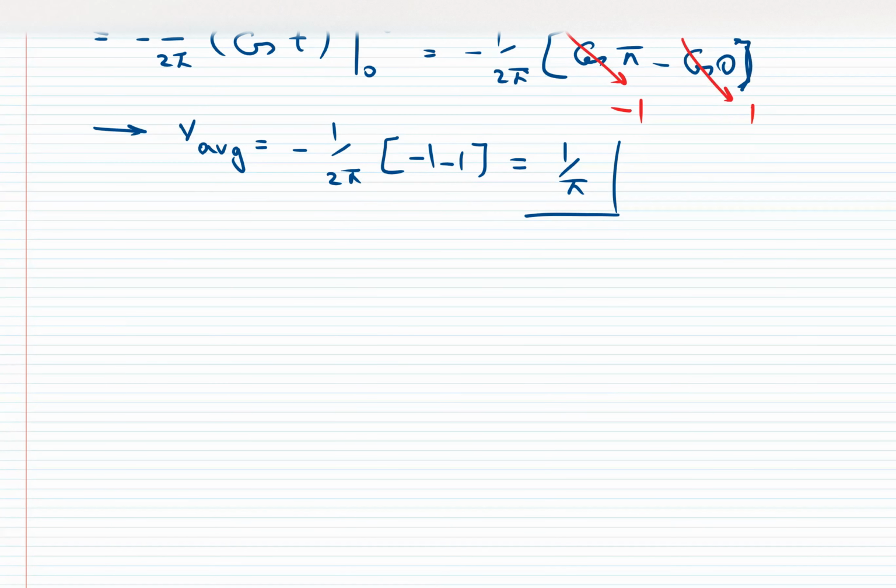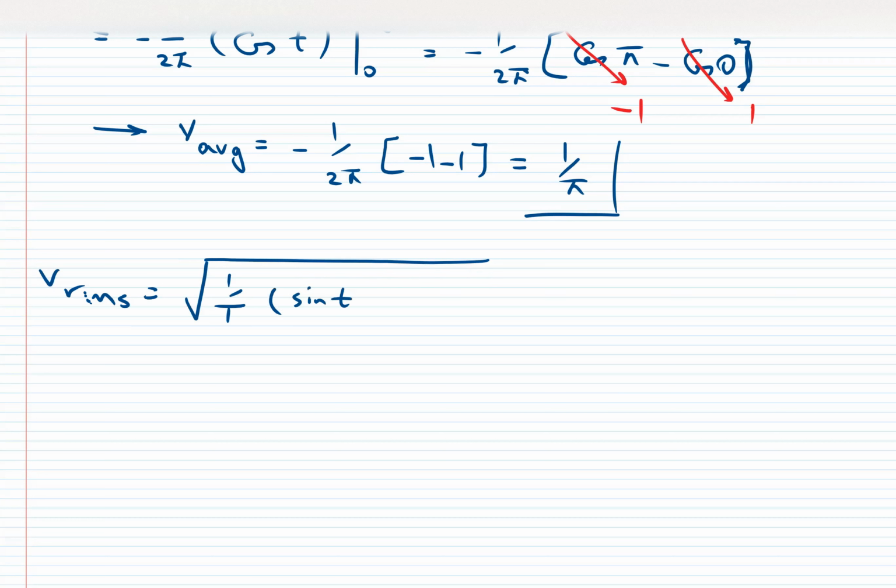Now it's time to calculate the RMS for this signal. The RMS is the square root of 1 over T integral of sine of t squared dt, which is equal to the square root of 1 over 2 pi integral from 0 to pi, because from pi to 2 pi there is no signal, of sine of t squared dt.